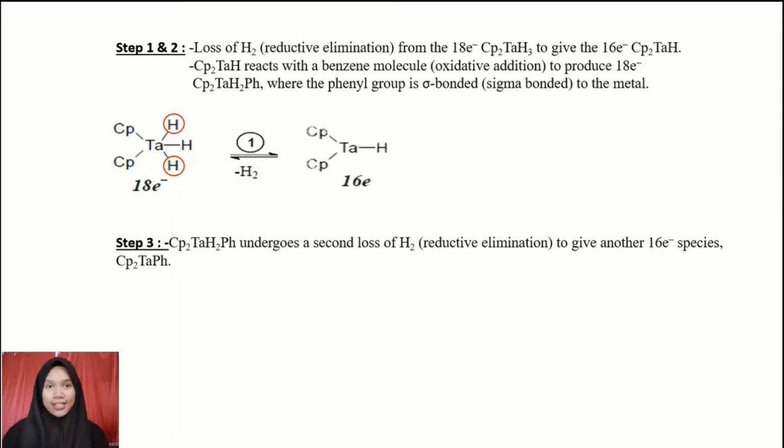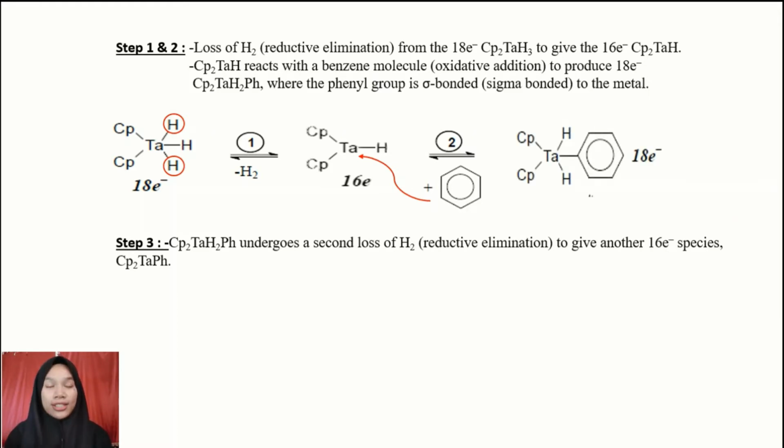For the second step, the 16-electron Cp2TaH reacts with a benzene molecule. This is called oxidative addition. This process produces the 18-electron Cp2TaH2Ph, where a phenyl group is bonded to the metal.